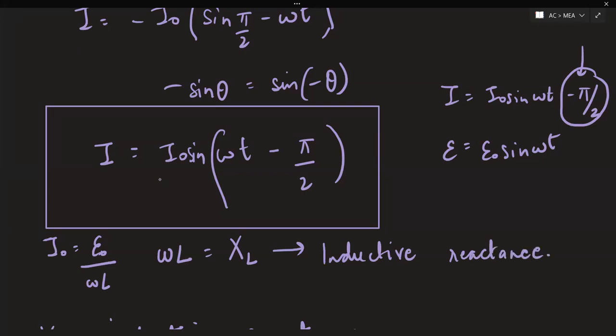This is known as inductive reactance, omega into L, angular frequency multiplied by the inductance value. In order to concise this, I naught will be equal to E naught divided by XL only.